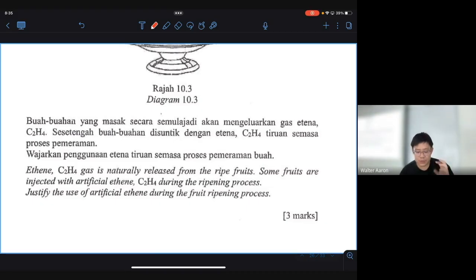So they're asking you, why do we use artificial ethene to cause the fruit to ripen faster compared to just letting it be, like normal? A lot of you might be a bit confused, like, how am I supposed to justify it?